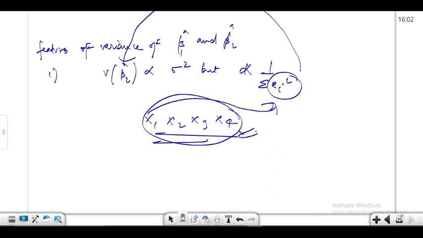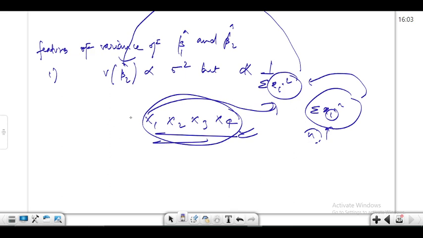Also, as n increases, the number of terms in the summation of xi square increases, so this summation rises and the variance will decrease. The estimate would then be a good estimate of the real parameter beta 2.